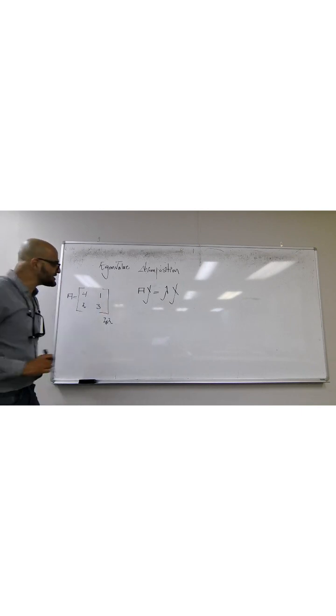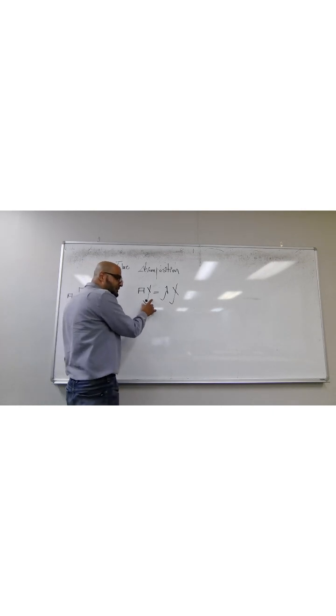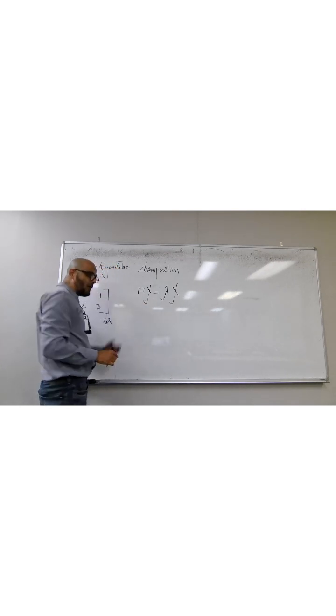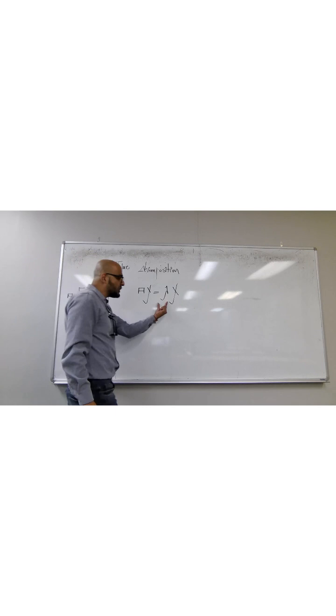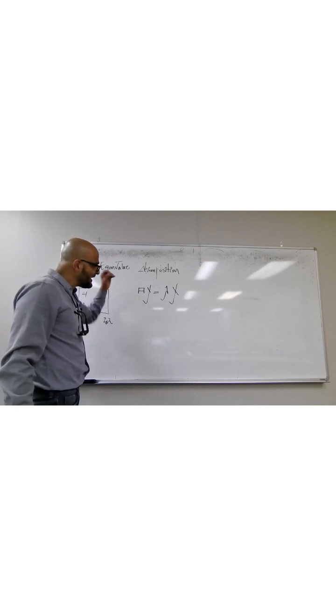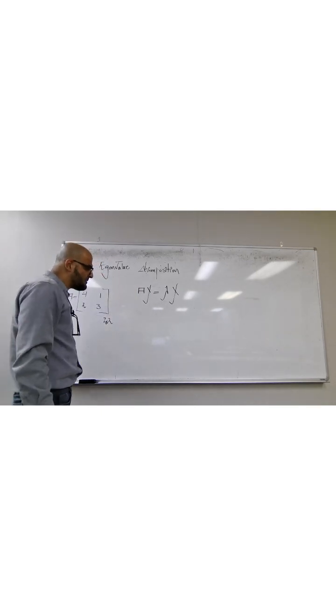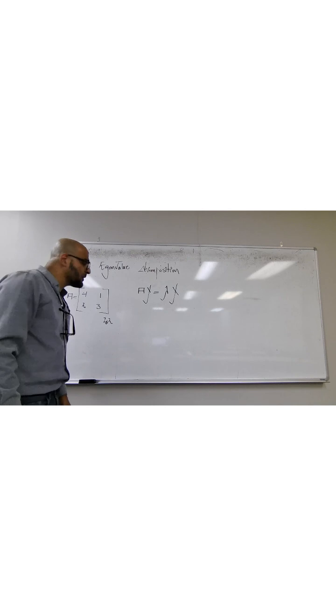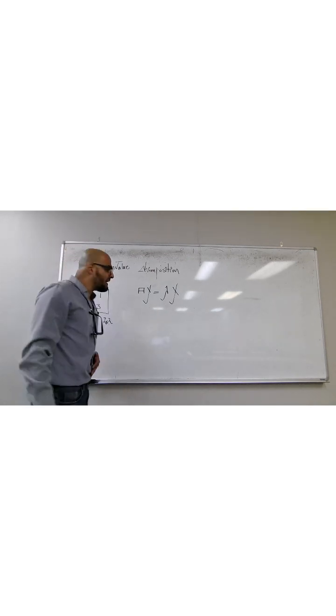In the previous sessions, you saw that we call X, by definition, the eigenvector and lambda the eigenvalue. This equation plays a tremendous and powerful role in a variety of applications.